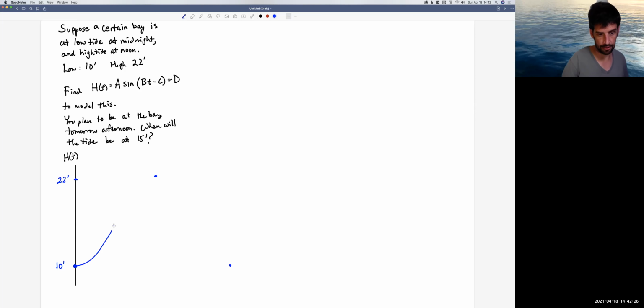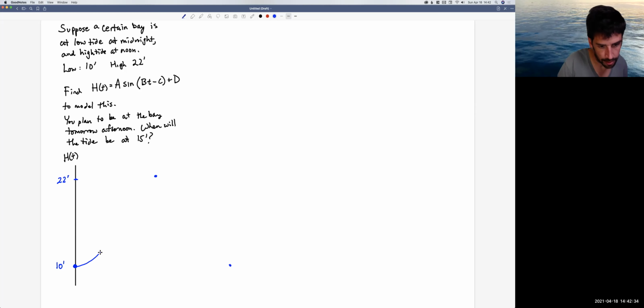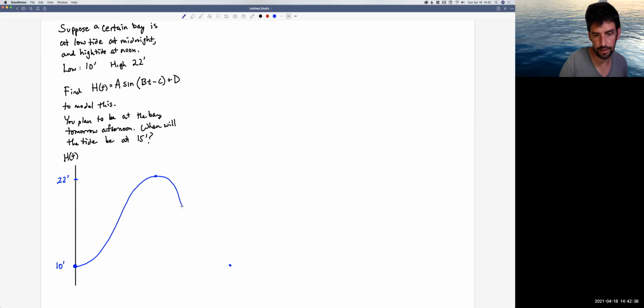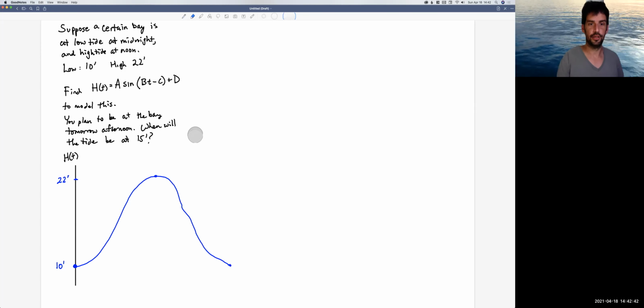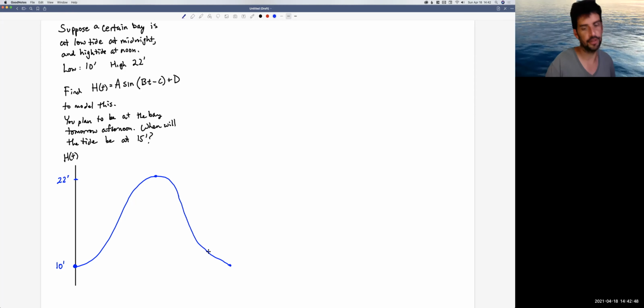All right, so now my graph, let me try that again. That didn't go great. Going down is so much harder. Let me just repair that a little bit. It doesn't have to be perfect, but that was bugging me.